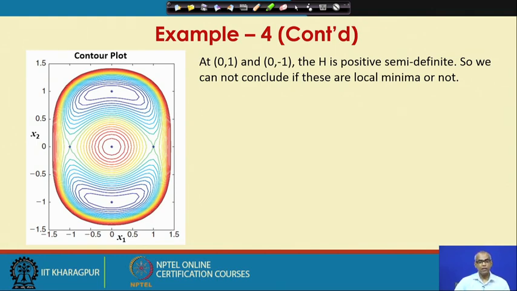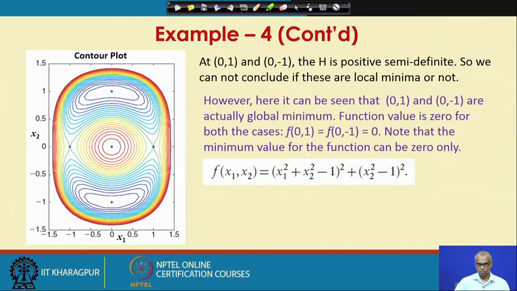However, let us look at the contour plot. The 0 1 and 0 minus 1 are actually global minimum. They are not only minimum, they are actually global minimum. The function value is 0 for both of these. And if you look at the function, it is a sum of two squares. So, the minimum value that the function can attain is 0.